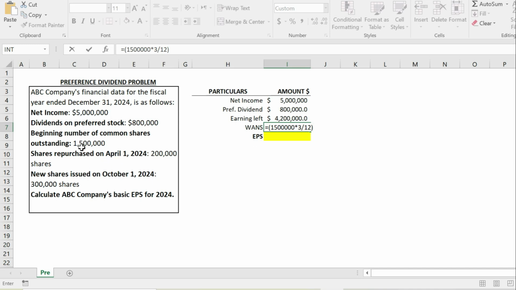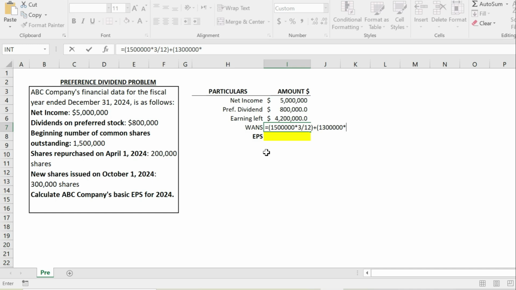So for the first 3 months these shares were outstanding, plus our next value: on April 1st, 2024, they repurchased shares. It means the new shares would be 1.3 million.